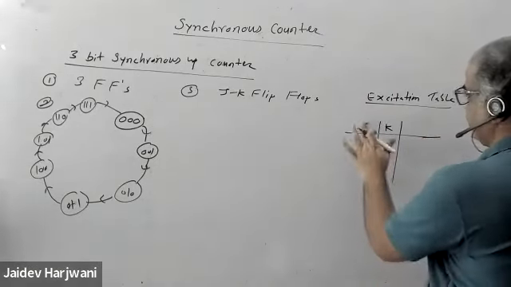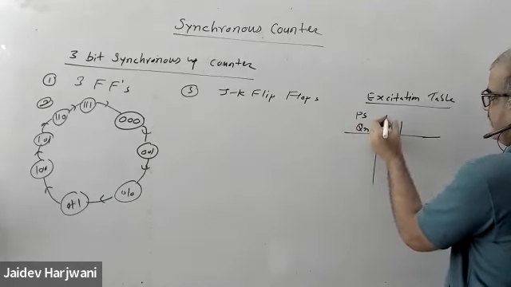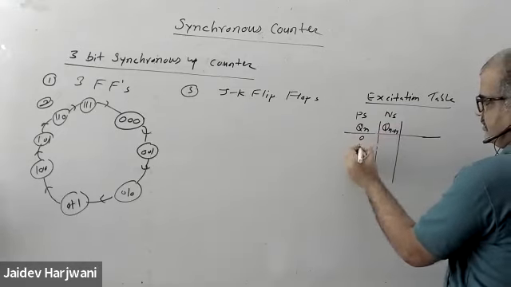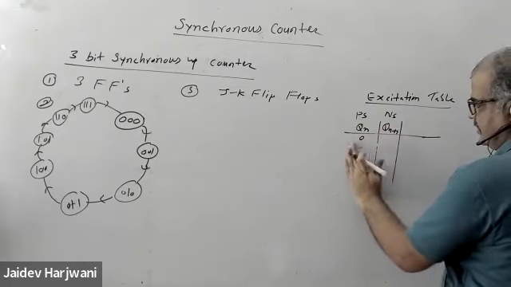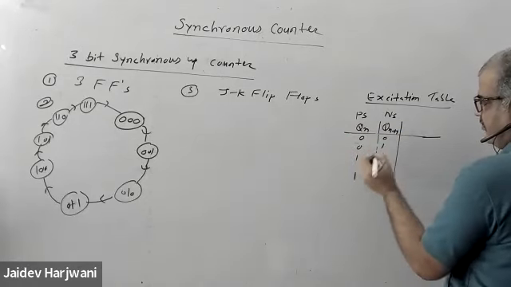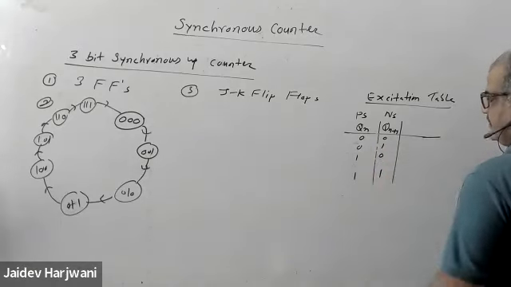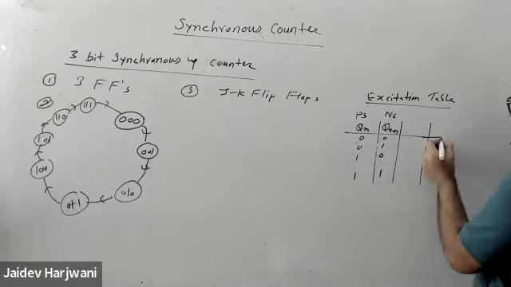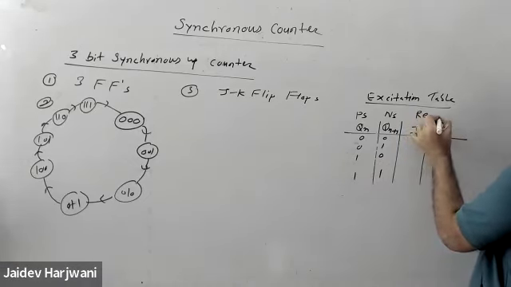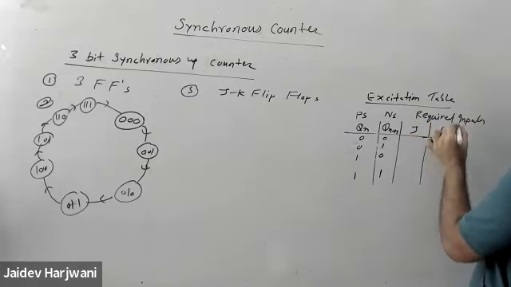You have a present state Qn, and you have a next state Qn plus 1. These are the four possibilities: 0 to 0, 0 to 1, 1 to 0, and 1 to 1, and the required JK inputs.